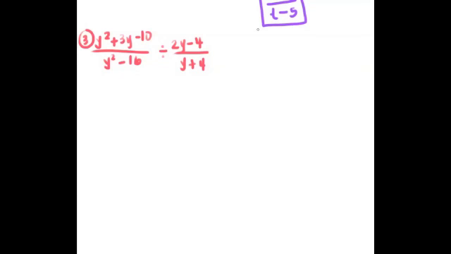My gut tells me to use the box trick, so the y squared is like 1 and 1. 10 could be 5 and 2. The minus sign is in the second place, so that tells me I'm going to have plus and minus, opposite signs, right?